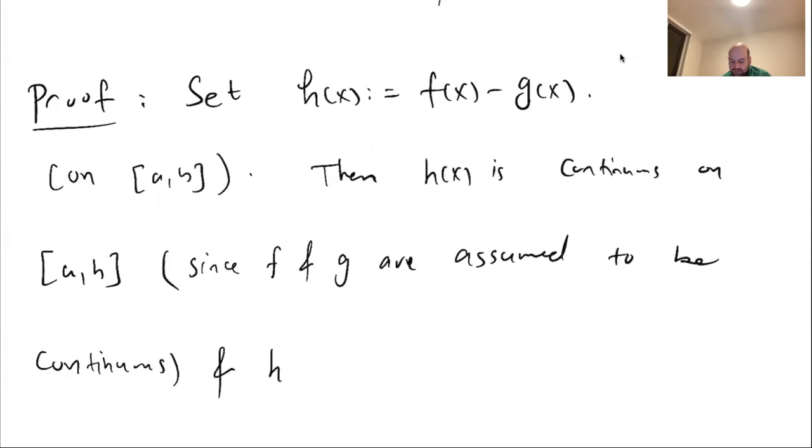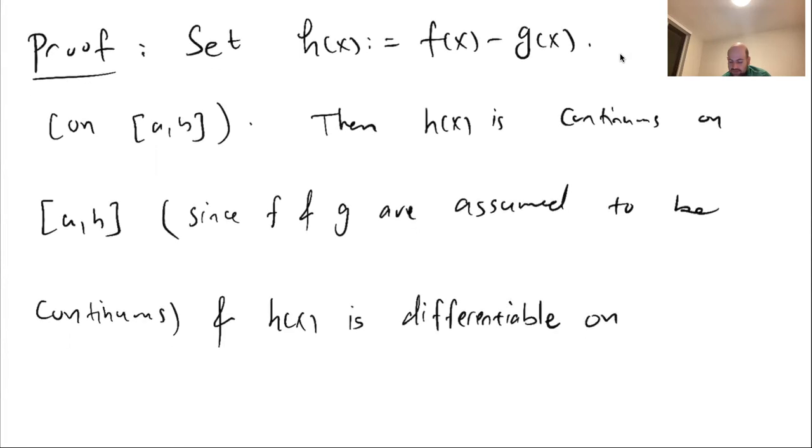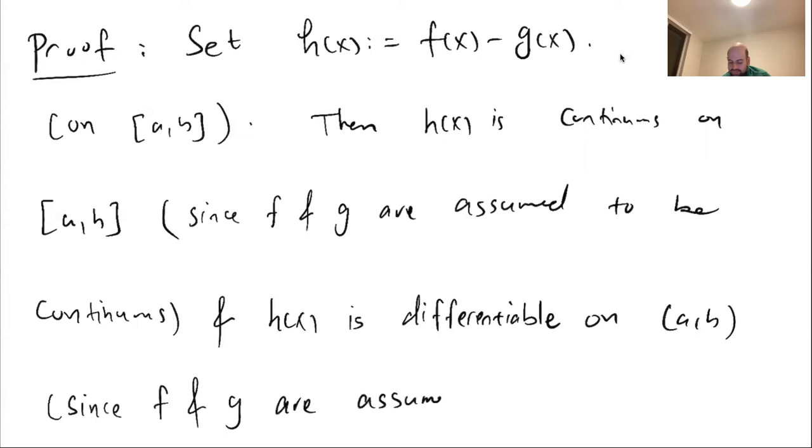And also h of x is differentiable on a to b. Again, since f and g are assumed to be differentiable, right? We know that the subtraction or the addition of two continuous functions is continuous, and subtraction or addition of two differentiable functions is also differentiable.